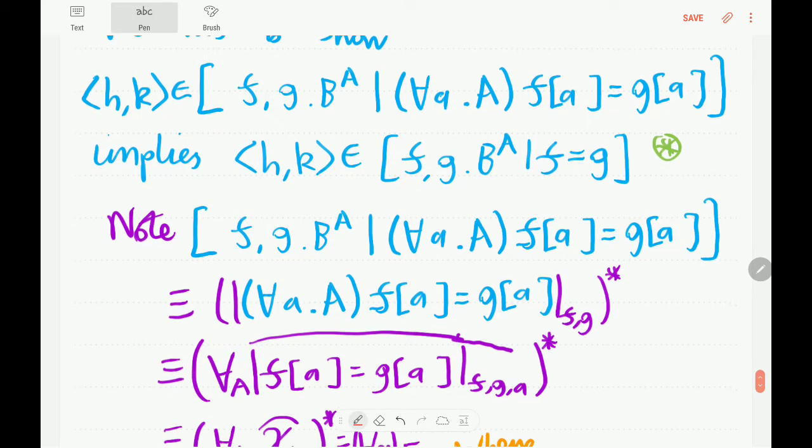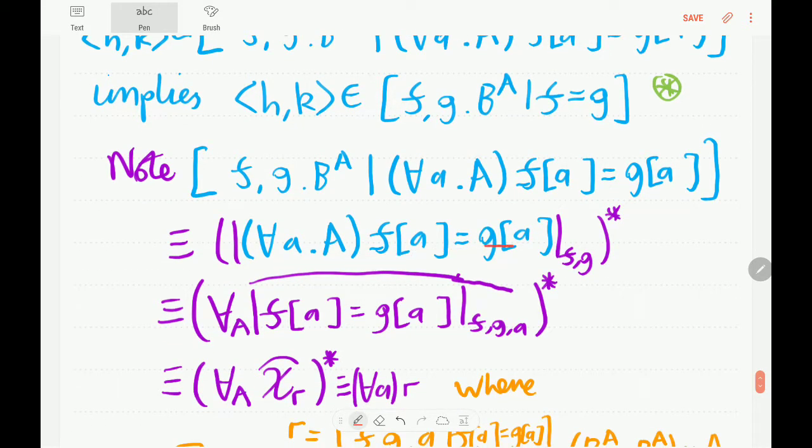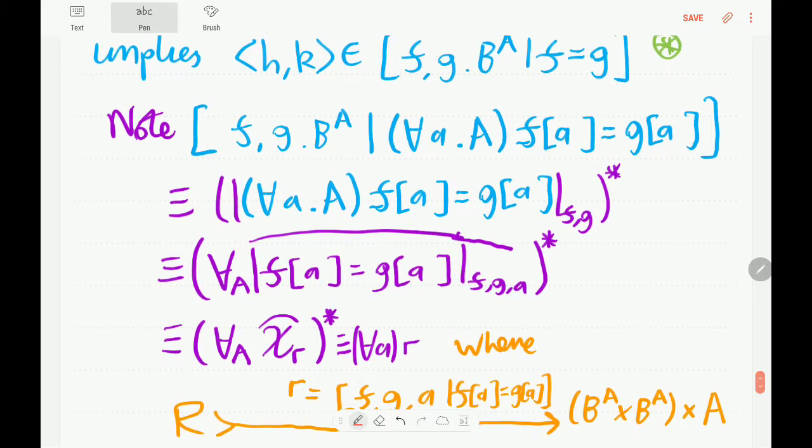Well, we can just say that that's the subobject classified by the interpretation of for all a, f evaluated on a equals g evaluated on a. So we're interpreting over f and g and finding the subobject classified by that. And then we can just work out what this interpretation is.